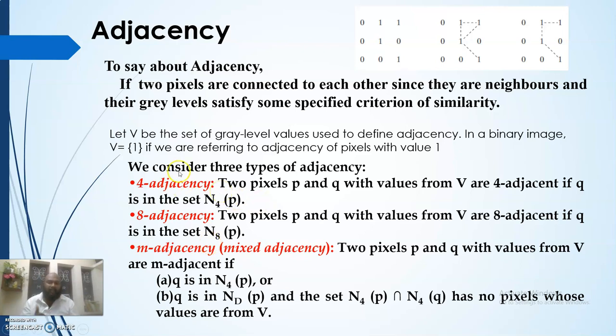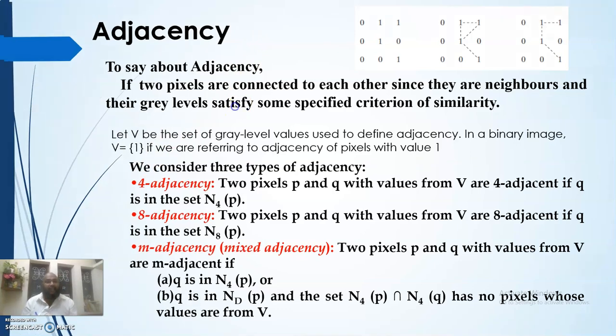Based on that, we have three classifications, that is 4 adjacency, 8 adjacency and mixed adjacency. That is whether the adjacent pixel is associated with 4 neighbors or 8 neighbors or mixed neighbors. So I think now we got what adjacency is.